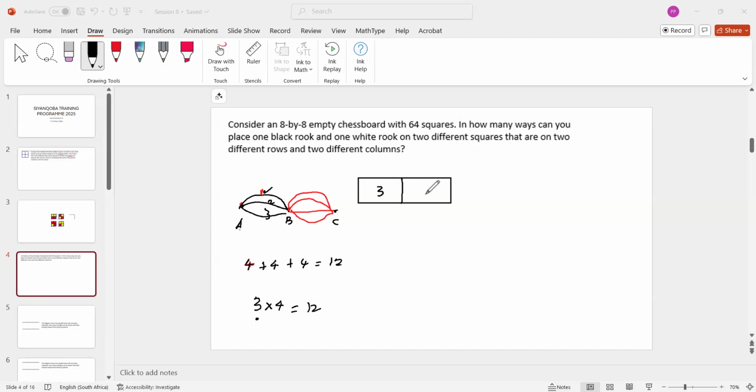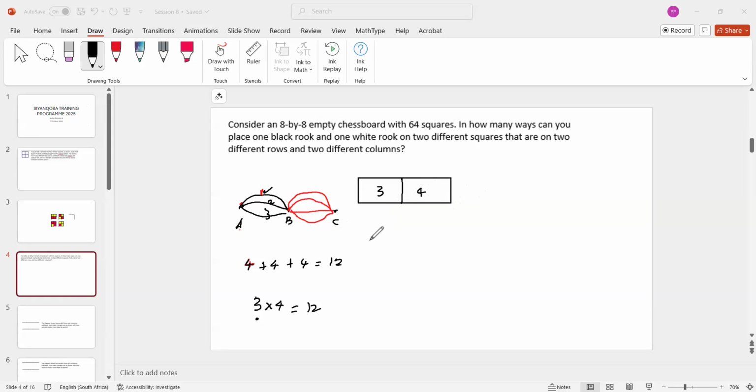So I put that there. The second one can be chosen in 4 ways, and the answer will be 3 times 4. So I try to fill each box by the number of possibilities I have. How many ways can I fill each box? And then at the end, I multiply all of them together. See? So that is the strategy in all these types of problems.